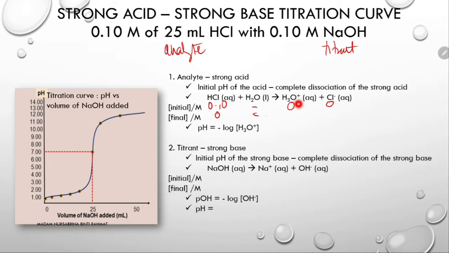So it turns to 0, and this becomes 0.10 and 0.10. So the concentration of H3O plus is 0.10. Therefore, the pH is negative log 0.10, which equals 1.00. So that is our starting point, the initial pH, which is 1. That's why the titration curve starts from pH 1.